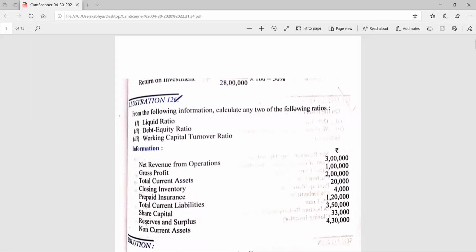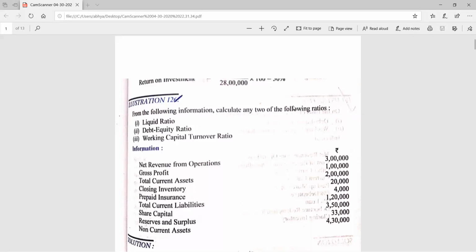So this question I had given you, just open your done assignment and match your answers, and if your answer is wrong I'm going to explain all the numericals. So in this question you have to calculate liquid ratio, debt equity ratio, working capital turnover ratio. 3 ratios. First of all, you must know the formula for all these three.